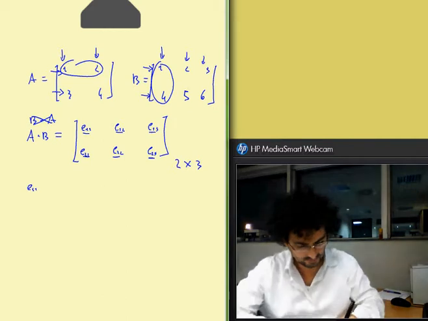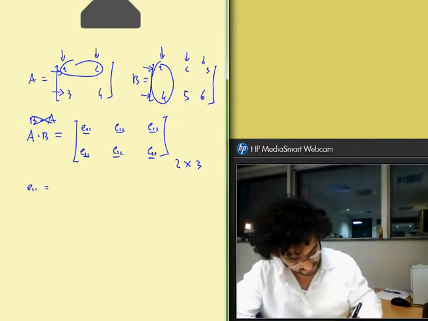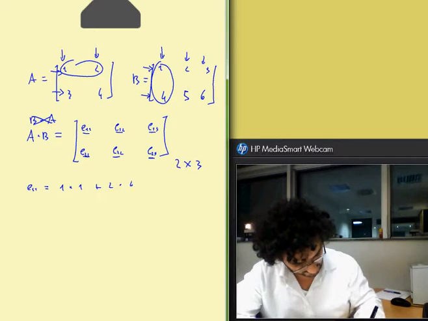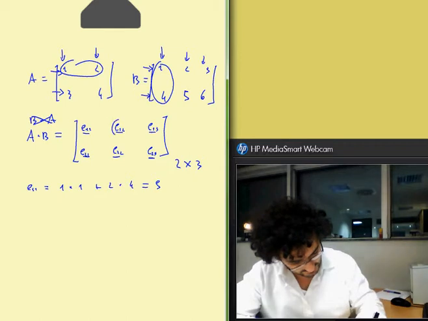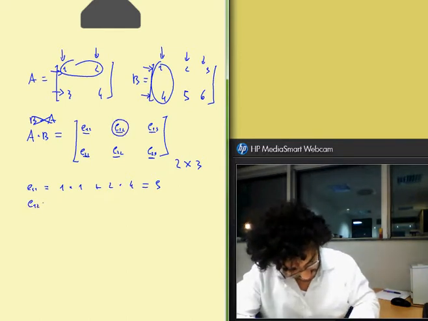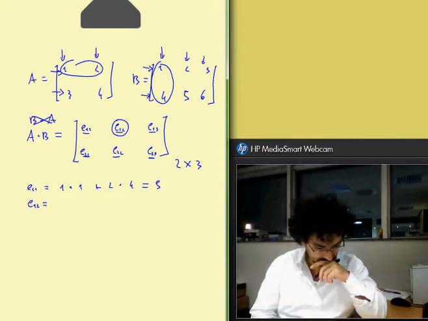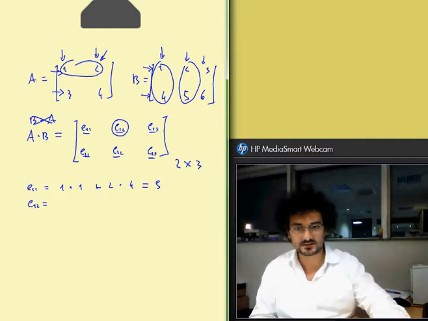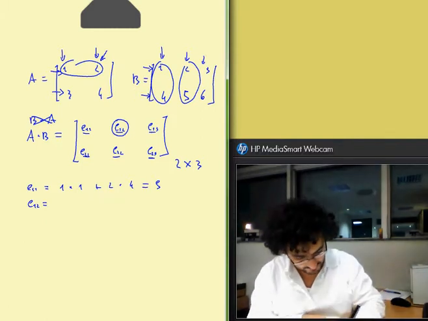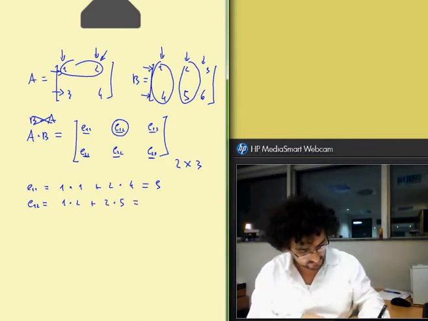The element C11 will be equal to 1 times 1 plus 2 times 4, which is equal to 9. Then we consider the element C12, given considering the first row but the second column in the matrix. So it will be given by 1 times 2 plus 2 times 5, so it will be equal to 12.